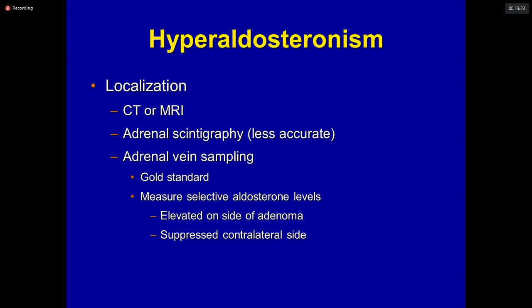This way, we know for sure that this is the side secreting the excess aldosterone, and we go for that side in surgery. And this way we ensure that it's going to be a successful surgery.